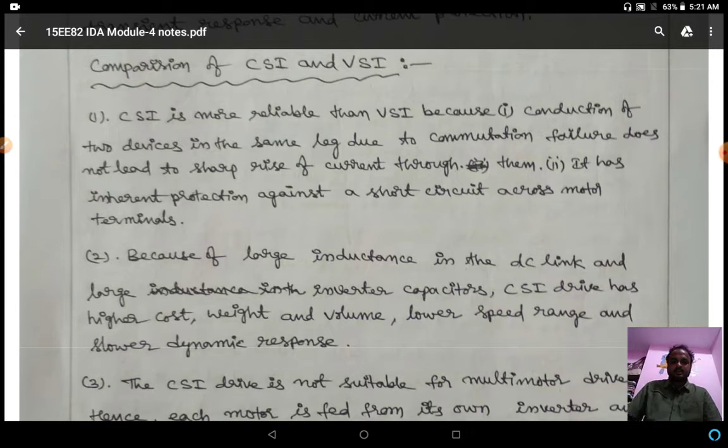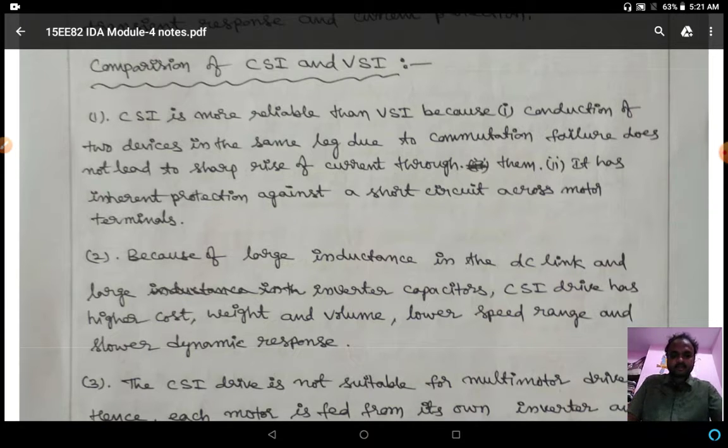This is the comparison of VSI and CSI in terms of reliability. VSI will have commutation failure and short circuit problems. That's why VSI is not reliable, and also VSI is not popular due to these two reasons.